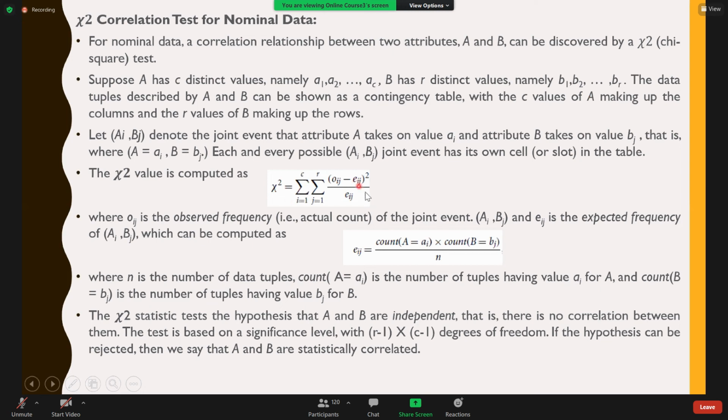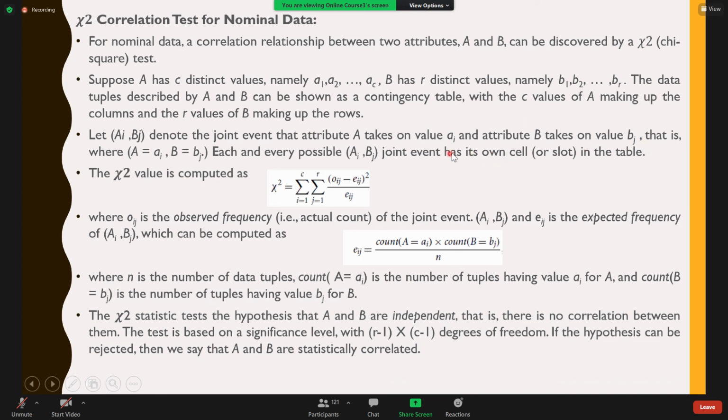And A_i, B_j refers to a joint event, meaning attribute A will take the value A_i and attribute B will take the value B_j. For example, the total male persons who preferred fiction: A1, B1 is male fiction.